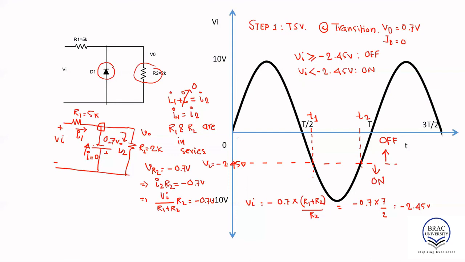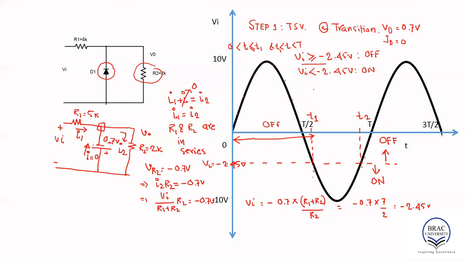So clearly I can say from 0 to T1, in this interval the diode is off, because it is above the dotted line. So I can write t greater than 0, less than or equal to T1, and t greater than T2, less than capital T. In that case, all the values of the signal, you see, are above the dotted line. If you observe, the diode is off.